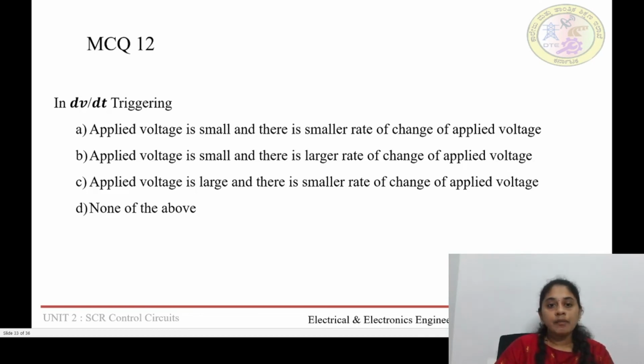So in dV by dt triggering, for the SCR to turn on, we need large dV by dt. So the option is B, applied voltage is small and there is large rate of change of applied voltage. The answer is B, and the equation is IC, that is charging current, equal to C into dV by dt.